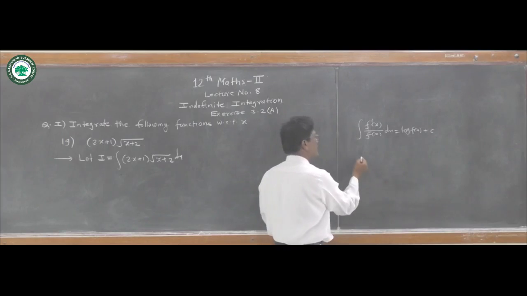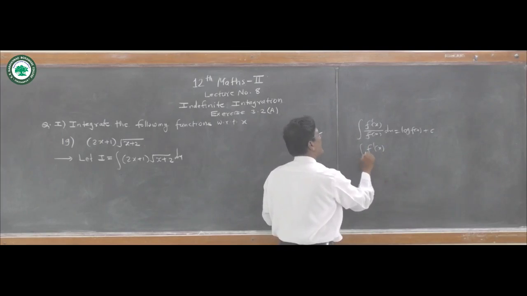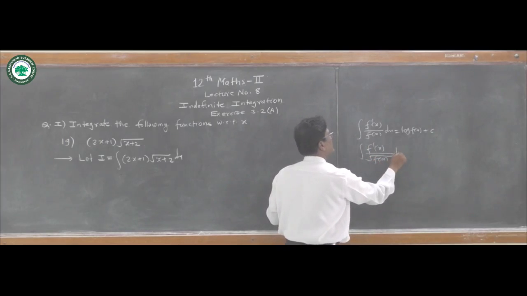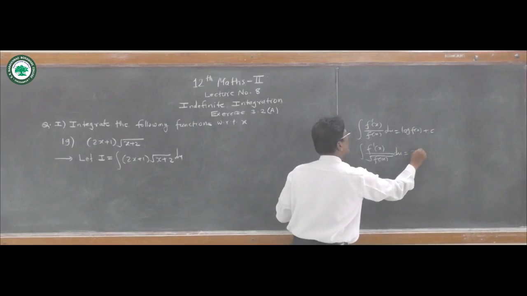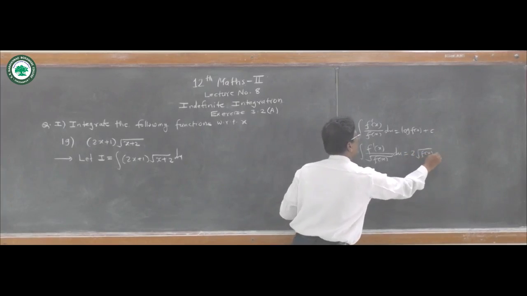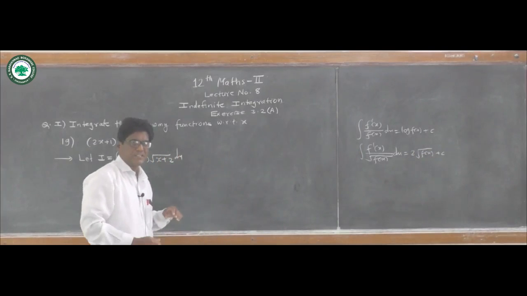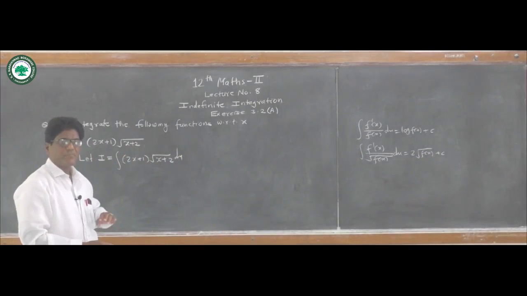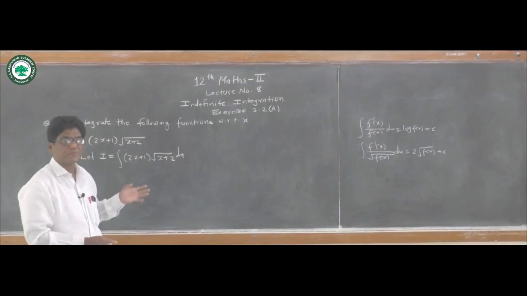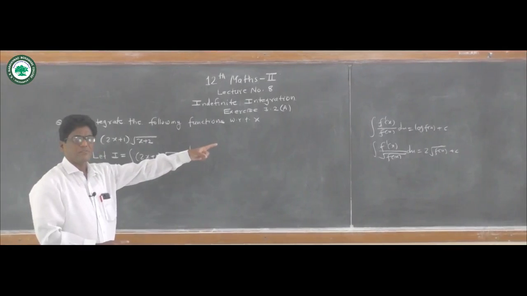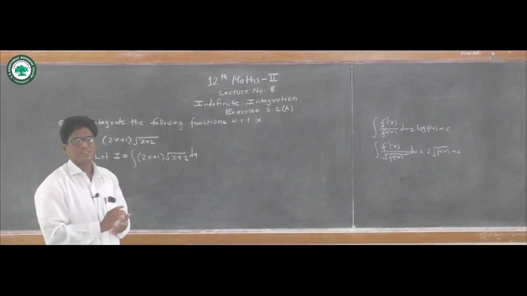And the second corollary is integration of f dash of x upon root of f of x dx, which is equal to 2 times root of f of x plus constant of integration. This exercise depends on the method of integration by substitution, and we use these two corollaries.